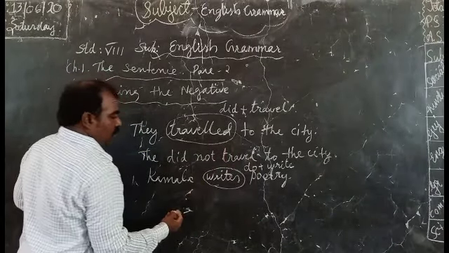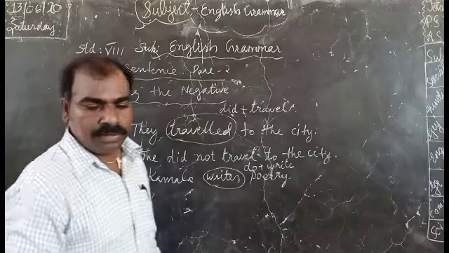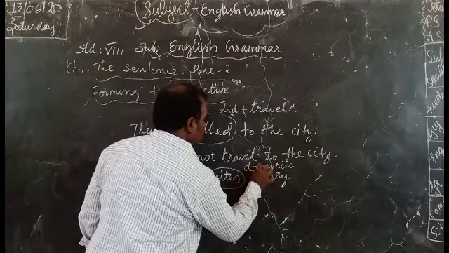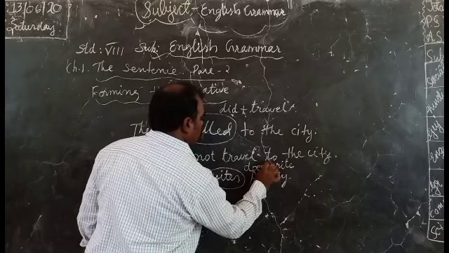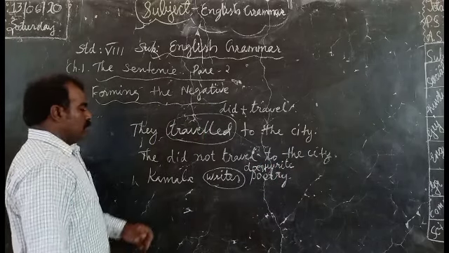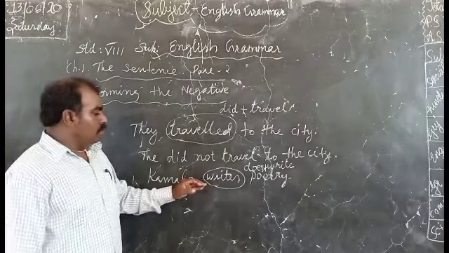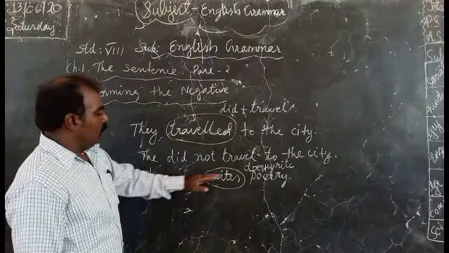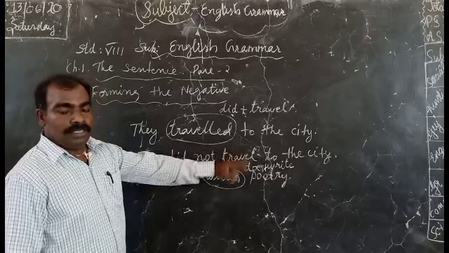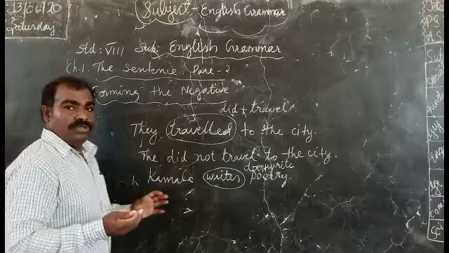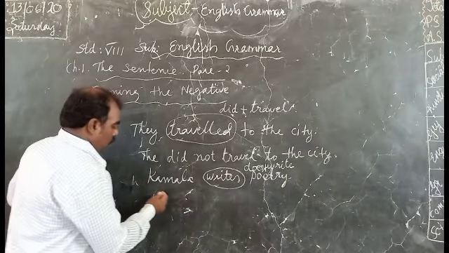Now it's very easy. It's not do, it is does, because Kamala is third person singular. If there is third person singular, the auxiliary verb is does. So we have to be a little careful when we use do and when we use does.